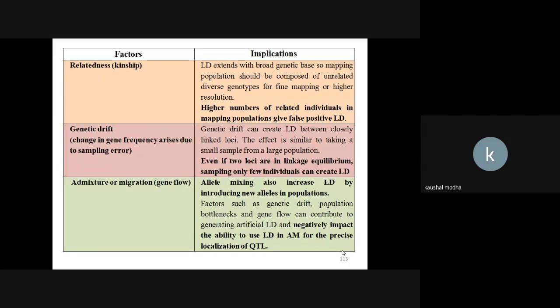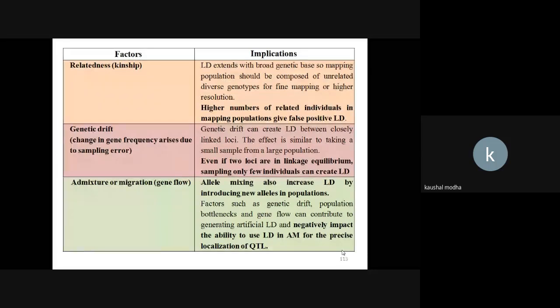Genetic drift will also create false LD, and it is related to sampling error. It is very similar to the statistical concept. If there are sampling errors, you will get a misrepresentation of the population. So even if two loci are in linkage equilibrium, meaning there is no LD between them, if you only sample a few individuals from the population, it may create false LD.